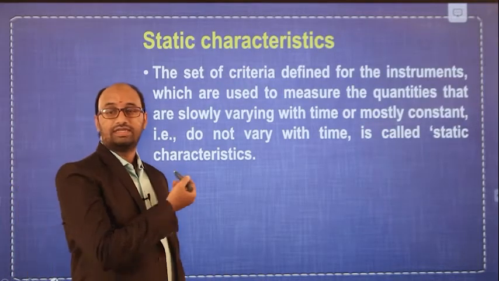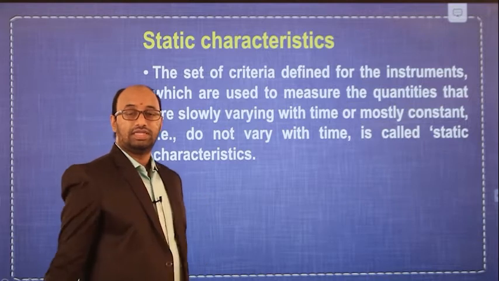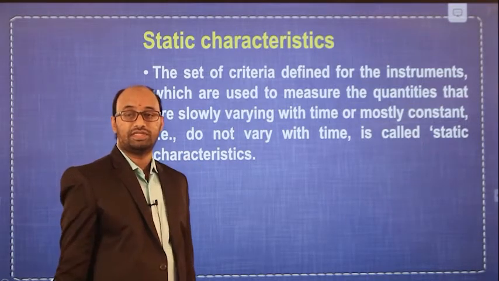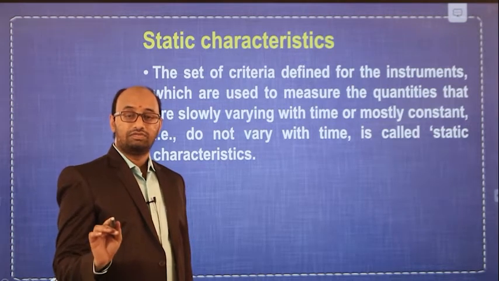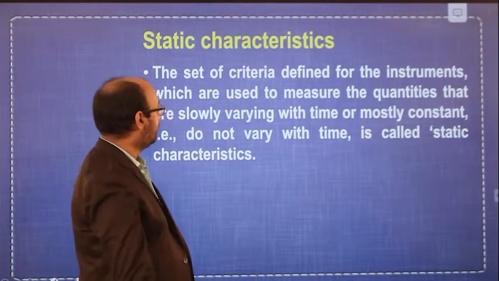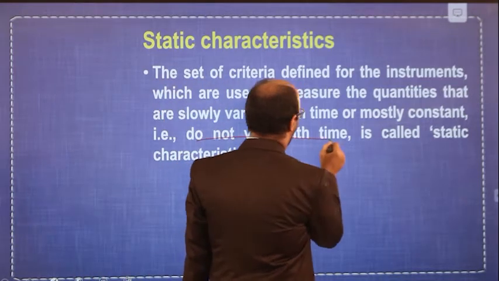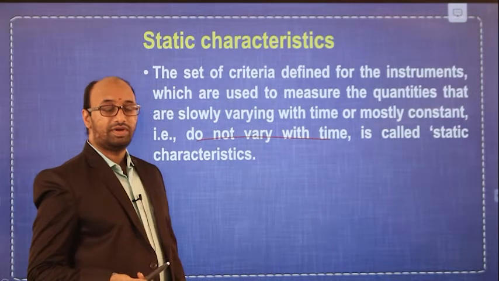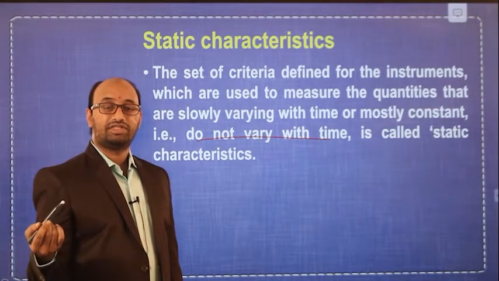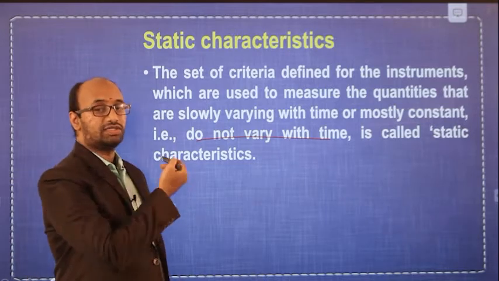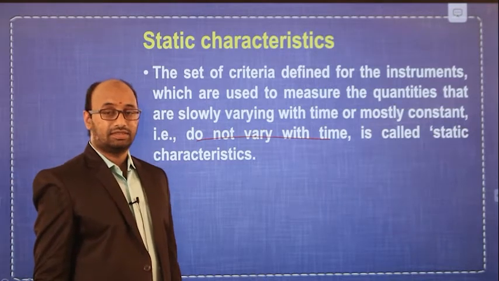The first is static characteristics. These are the set of criteria defined for measuring instruments when the physical quantity being measured by the instrument does not vary with time. The characteristics defined under these conditions are called static characteristics.